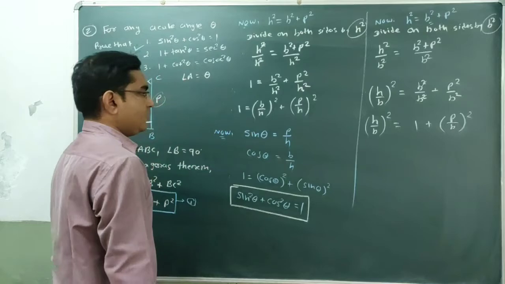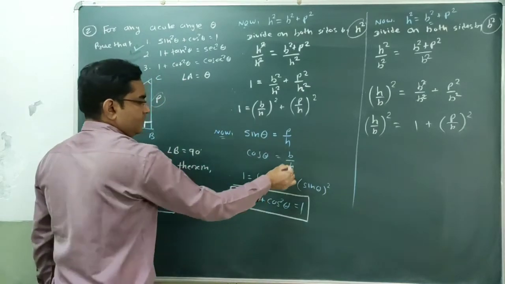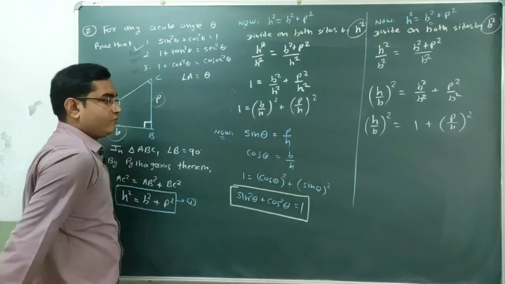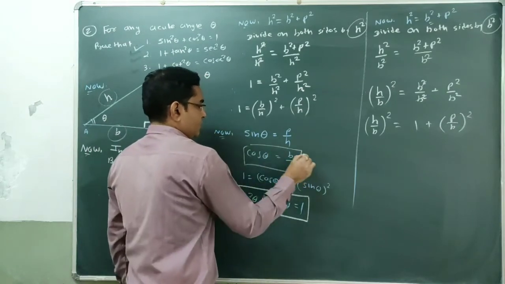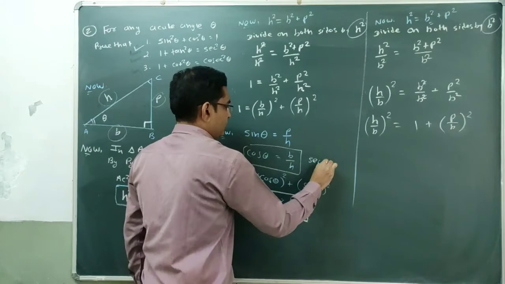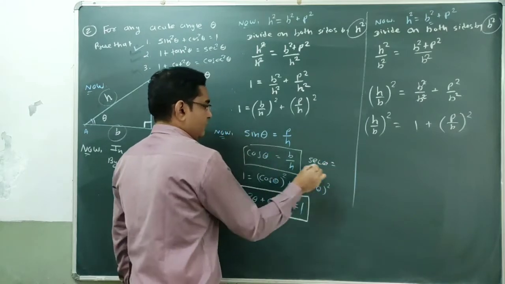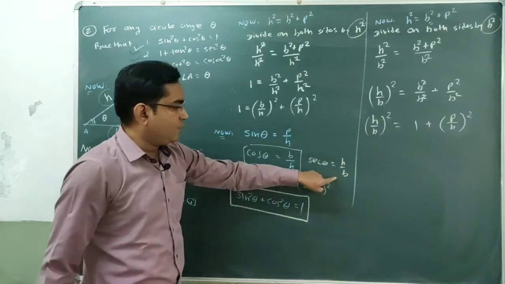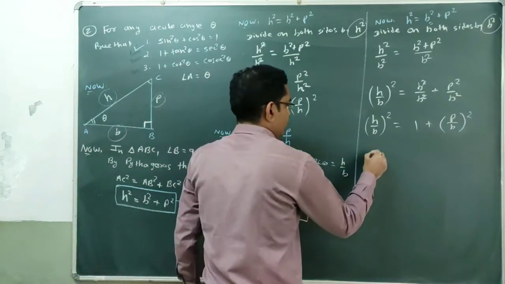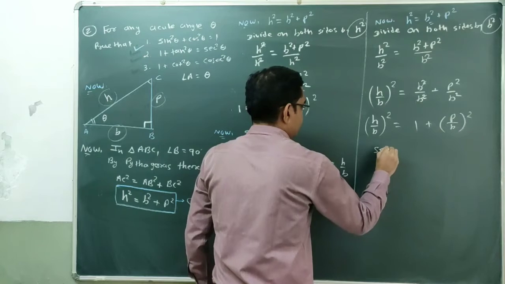Now students, what is h by b? h by b is the reciprocal of cos theta, or cos theta says b by h. So sec theta, reciprocal of cos theta, will be h by b. So this h by b can be replaced with sec theta. This is the definition of sec theta.